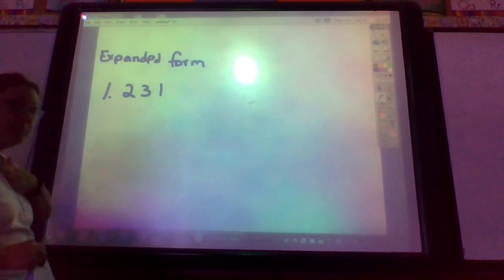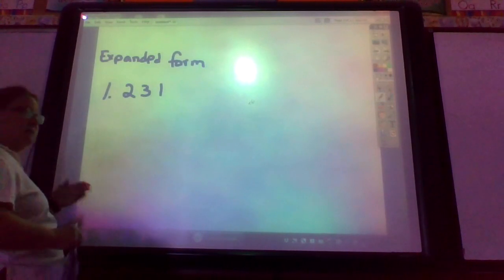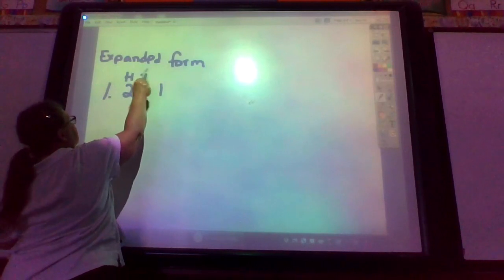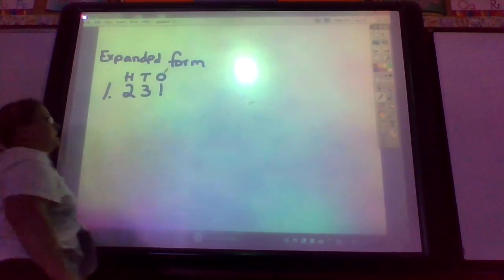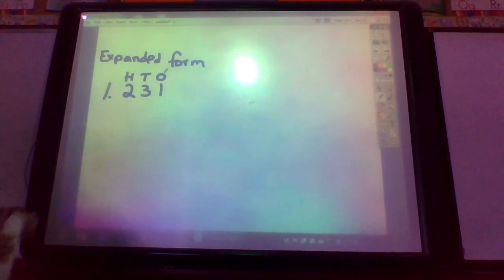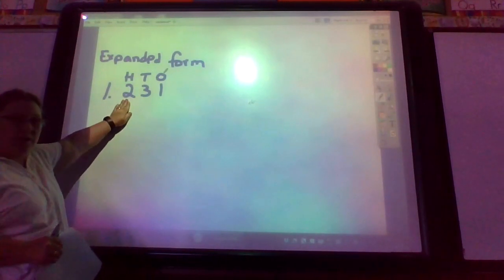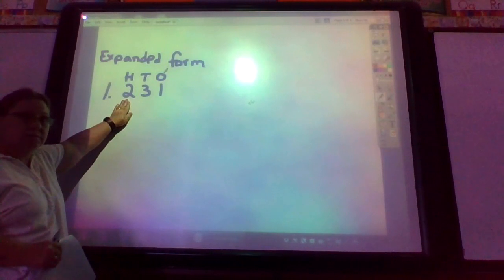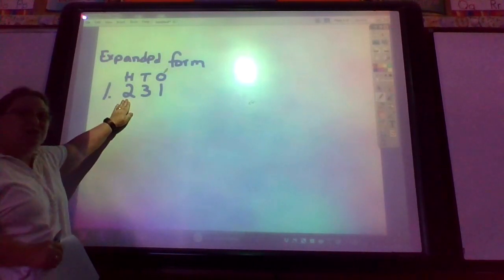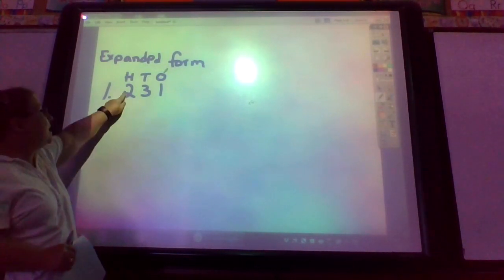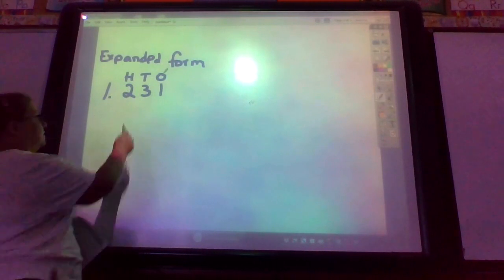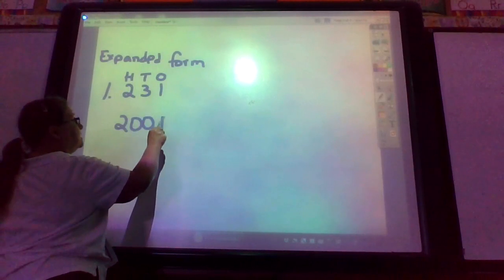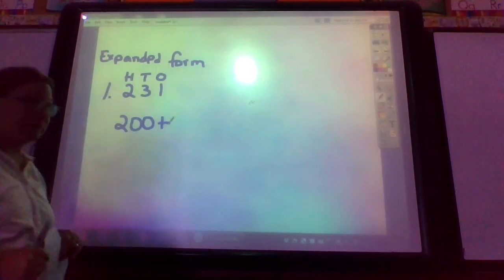So I'm going to label my number like I did yesterday. Here are my hundreds, here are my tens, and here are my ones. How many hundreds do I have? I have 2 hundreds. So I'm going to write 200 because I have 200 right here. That's what I want you to write, 200 plus, because we're going to add these together.